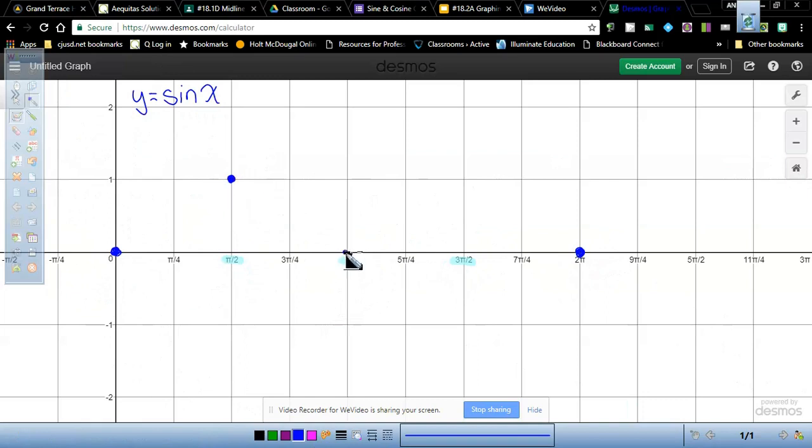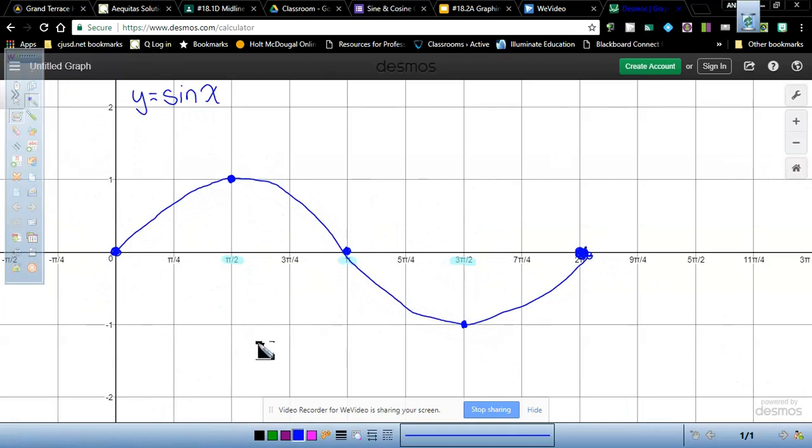At pi, I go back to my midline. And for 3 pi over 2, that's the bottom of my unit circle. And so the bottom of my unit circle means I've gone down 1. And so this is what one period of sine looks like. Now remember, this can continue forever in either direction.